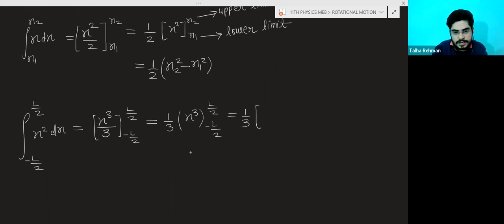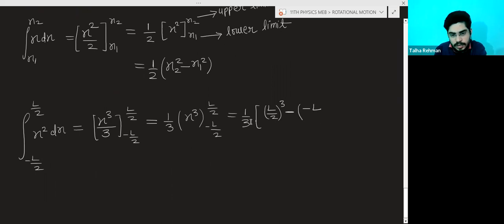So what we will do here, it will be 1 by 3. Here you will put L by 2 instead of x, and there is a cube, so you will write L by 2 cube, and minus, there is a minus sign, and again you will put minus L by 2. This is the upper limit and this is the lower limit.